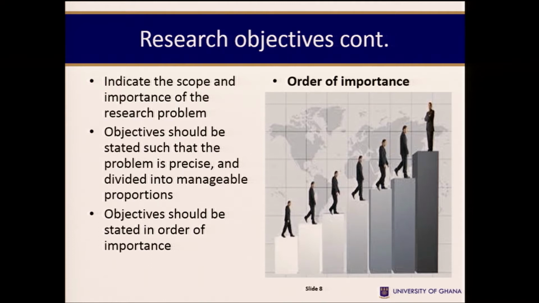Research objectives are written in an order of importance because they indicate the scope and importance of the research problem, and so should be stated as such. They should also be stated in such a way that if somebody is reading your research, the person will be able to tell how the data would be analyzed and how the findings will be presented.